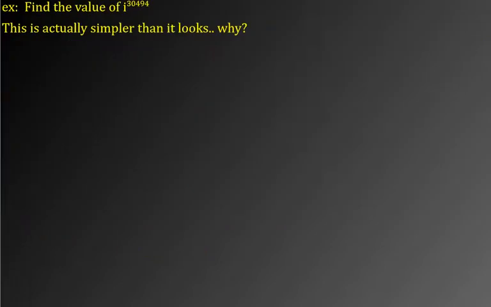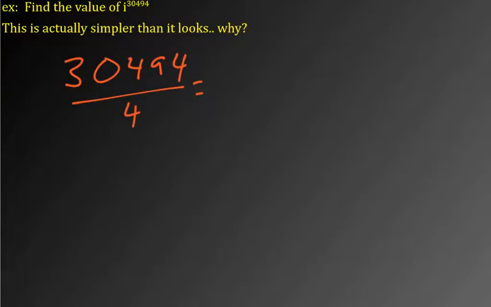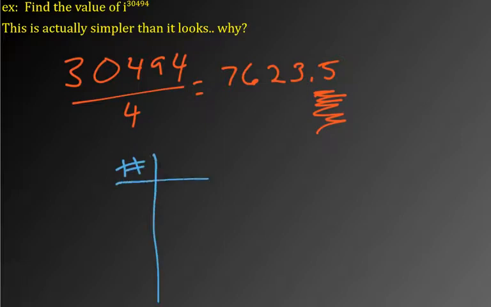So because it's a cycle of 4, what you can do is take that crazy exponent, divide it by 4, and basically look at the remainder. So if you do that out, you get 7,623.5. But this is the important part. I'm going to draw a little table. This is a very important table to make note of.